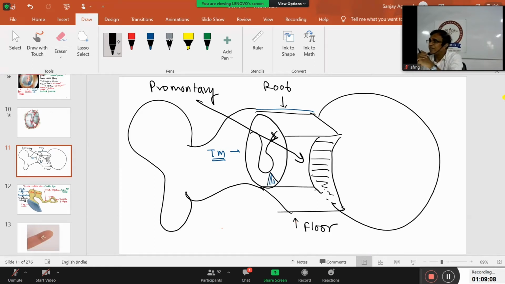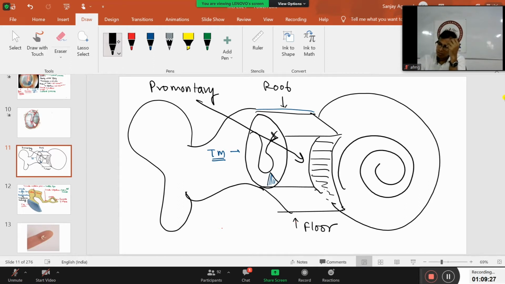But why do you have this promontory is the question. Something has to fit behind this. It is creating a space here. There is extra space here because something will have to fit here. What is that something?